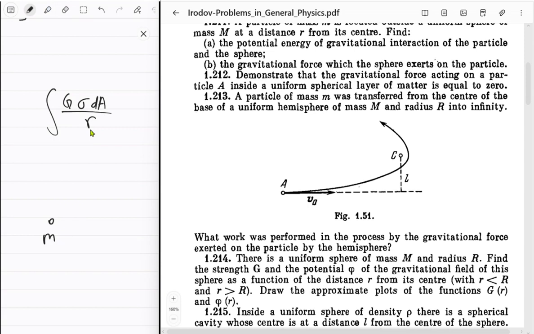It's just R, nothing else. Come on, think. What can we do about it? You want to find this potential somehow without going through the two-dimensional, two-variable integration. Is there no way to do this? Okay, maybe dA can be written in some other way.